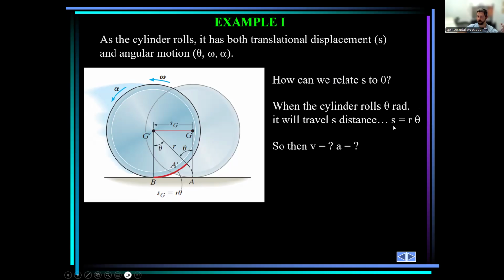Another derivative, you would get a equals r times alpha. So pretty simple for that one. In the next example, we'll get a little more interesting and actually have to do a little bit more of some trig functions or something else geometrically to come up with our relationship between the linear and the angular. But then the rest of the process is just calculus.